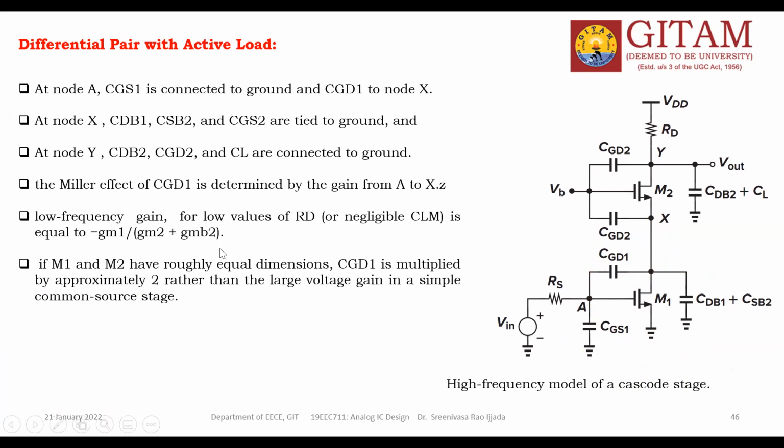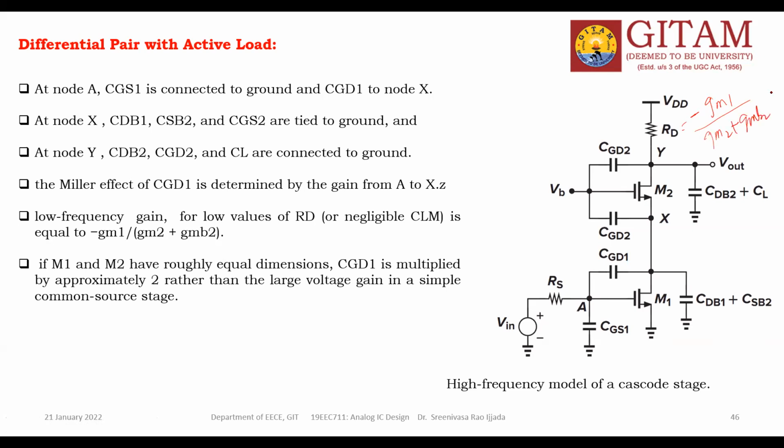The low frequency gain, for a low value of RD, is equal to minus GM1 by GM2 plus GMB2.